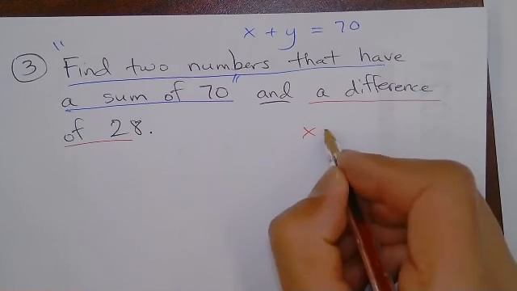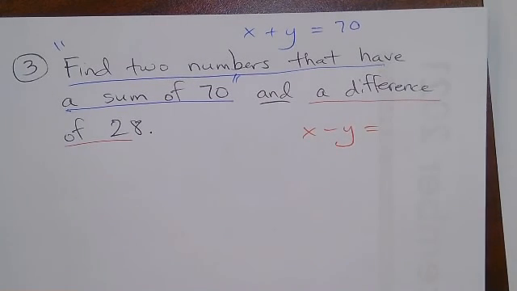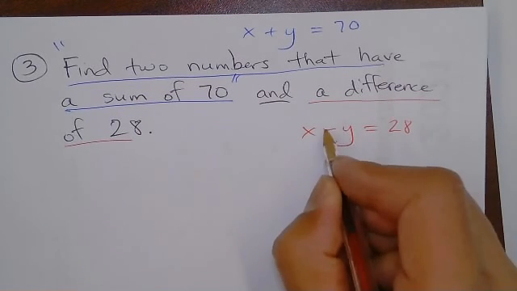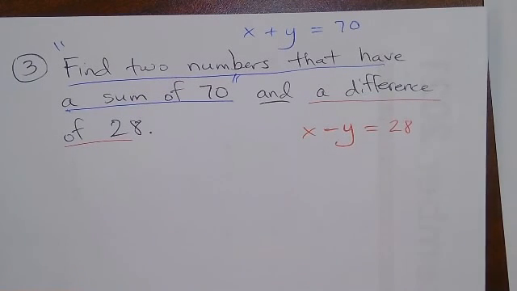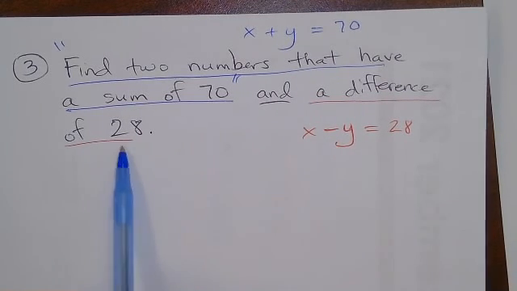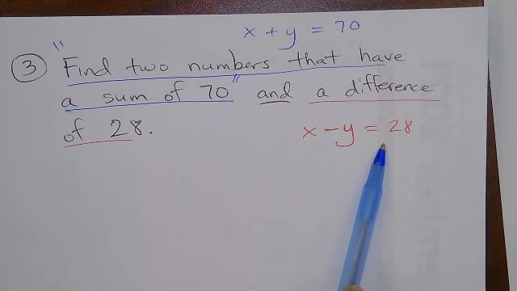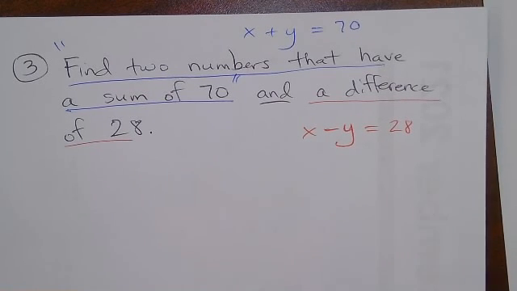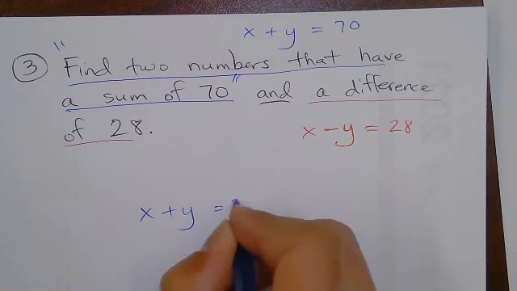Find two numbers that have a difference of 28. Find two numbers that subtract to 28. So this one would be x minus y. Those same numbers subtract and give you 28. You don't have to worry about which one's the smaller or the larger, only on that other problem where it says that. So, two numbers that add up to 70, and those same two numbers, when you subtract them, give you 28.